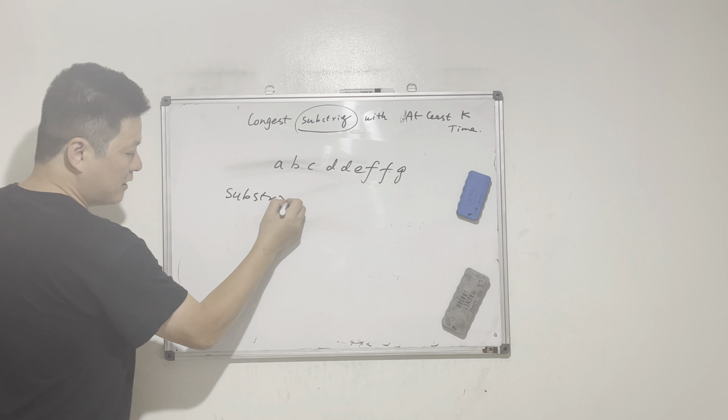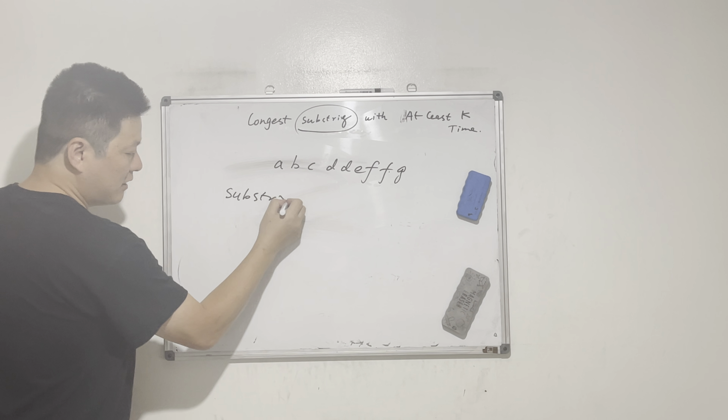If the length is n, then we can do this for i in range n, and then for j in range i to n, right? Got it? So that's O(n squared), right? Okay, so once we have a substring, we can check if each character appears at least k times. How can we check it?